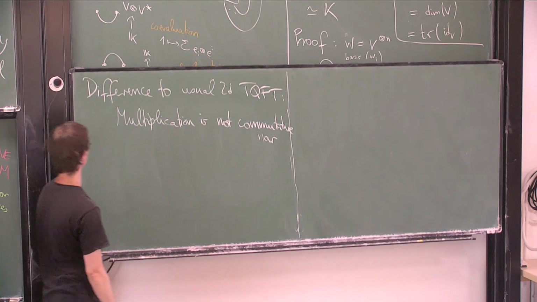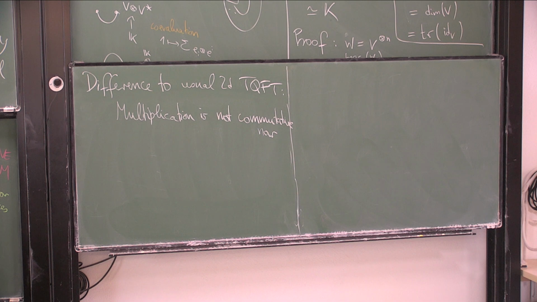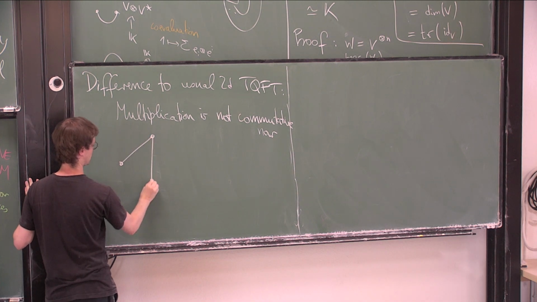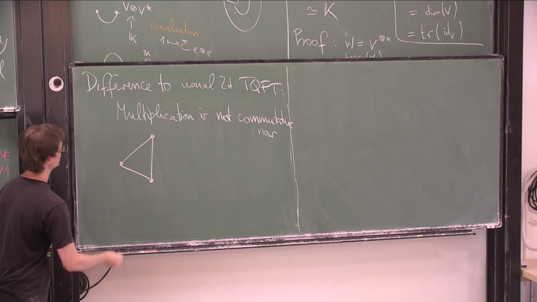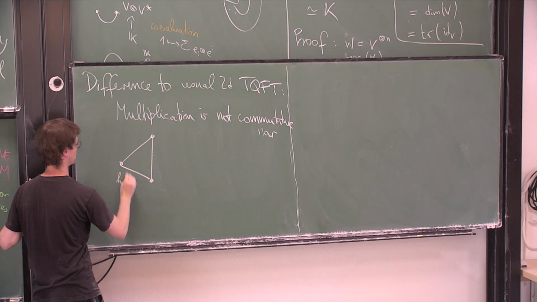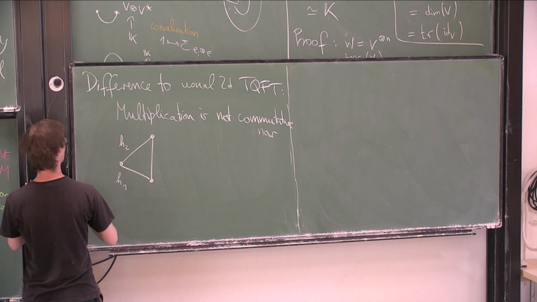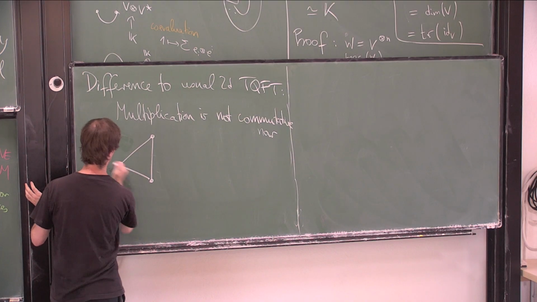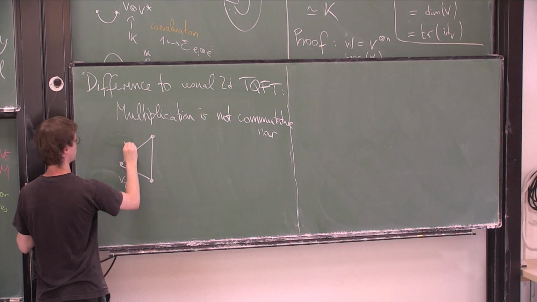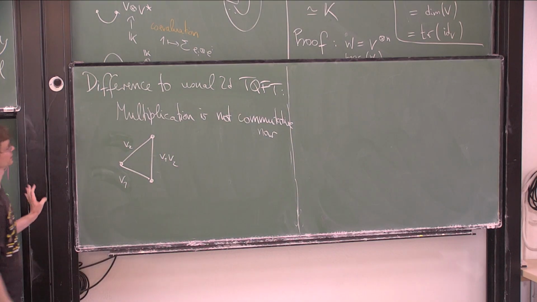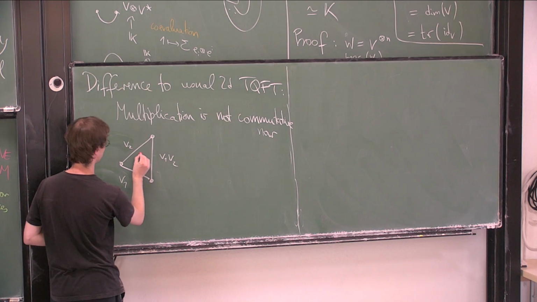Let's draw the two pictures of the two multiplications. So if I put V1 here, V2 here, then on this edge I will see the multiplication V1, V2. So maybe for once I will write the orientation.